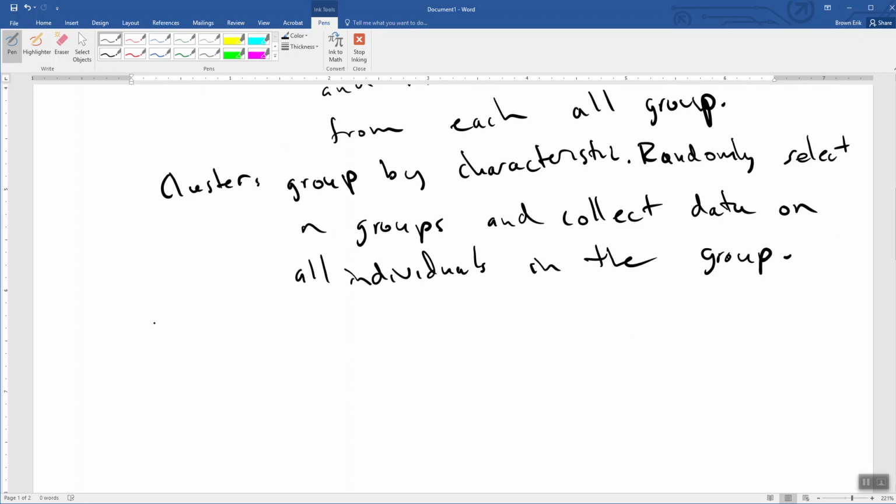So we have the definition of categorical data, or as the language we would use in our stats class, qualitative data.